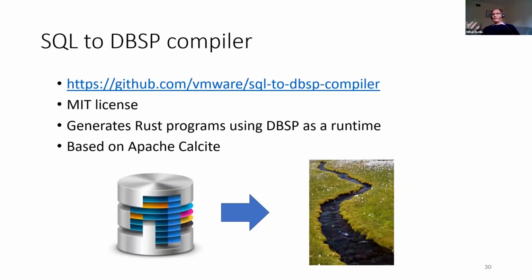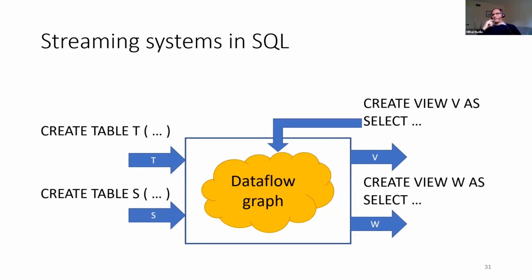But we are also building a SQL to DBSP compiler, which is based on Calcite, and it's also an open source project, also with an MIT license. Essentially, it takes SQL and generates Rust programs that link to this DBSP runtime. So how do you describe streaming systems in SQL? And not streaming, incremental streaming systems.